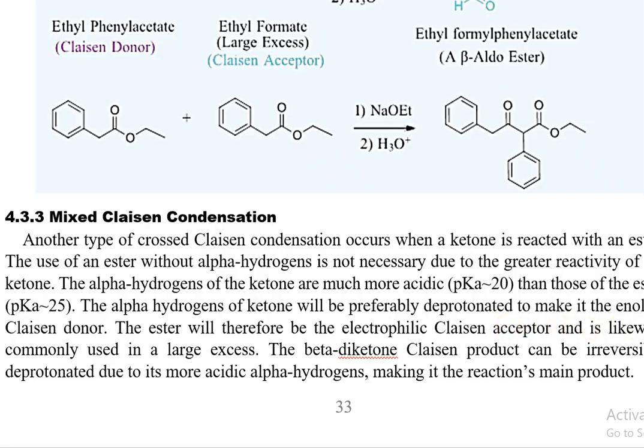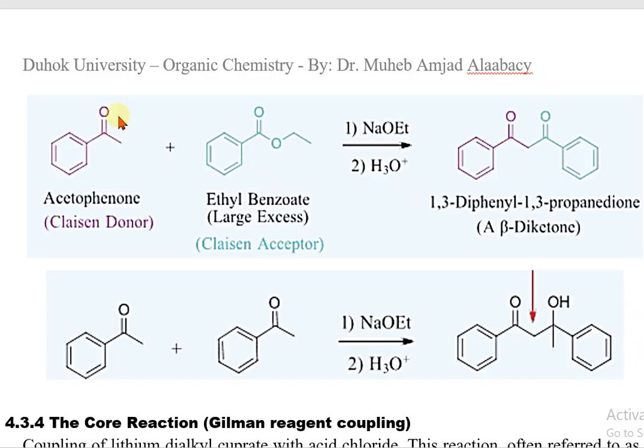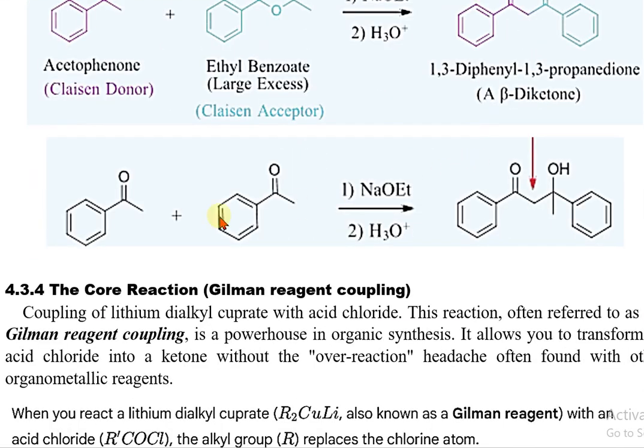The beta-diketone Claisen product can be irreversibly deprotonated at the more acidic alpha hydrogen, making it the main product of the reaction. For example, in this mixed Claisen condensation with this ketone and this ester, the base removes this proton, the carbanion adds here, and the leaving group leaves the structure to give you the product. The same thing happens here.